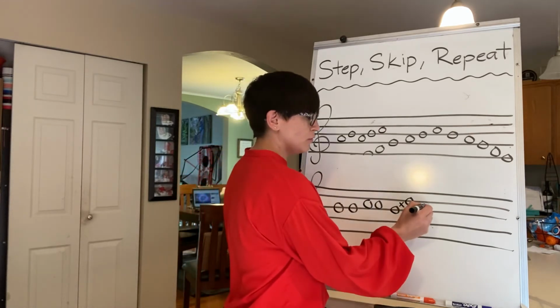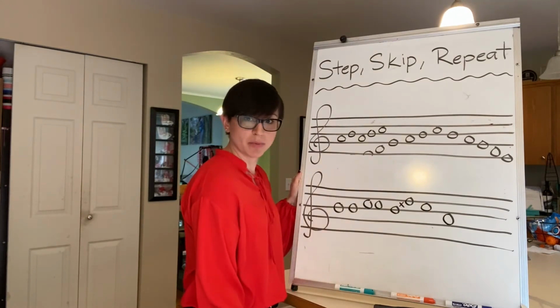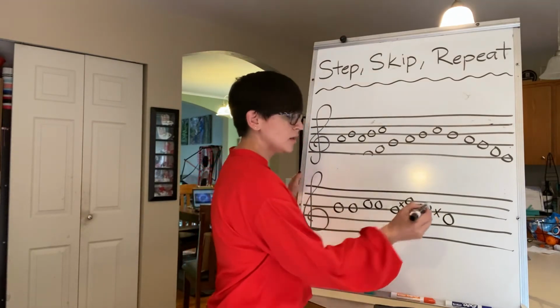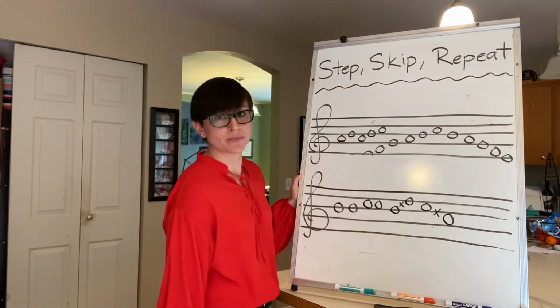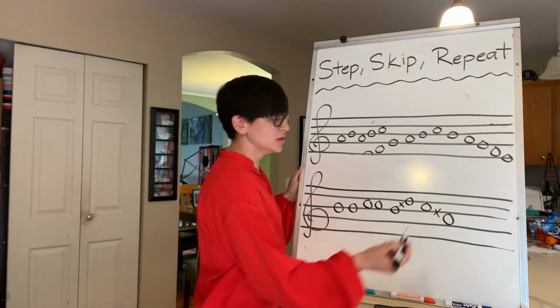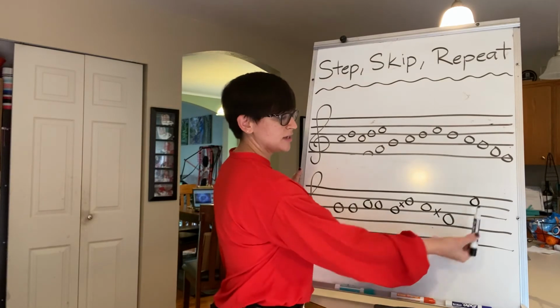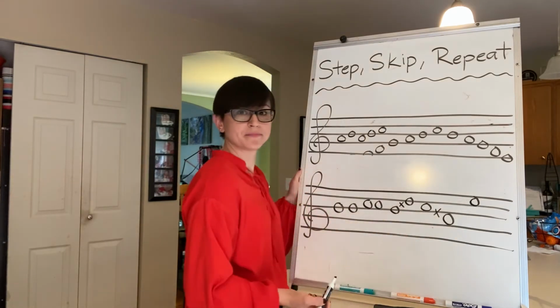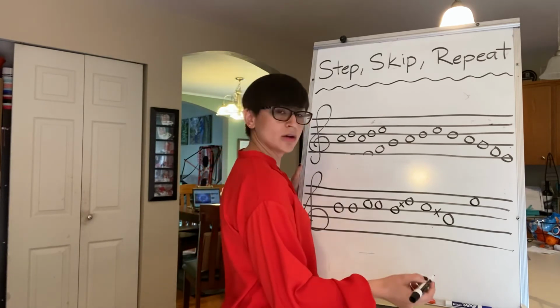You could also go from space to space because what did you skip? The line. Do skips have to be this small? No. A skip is a skip as long as it skips a note. So it could be from this space note up to that space note, from an A to an E. That's a skip, or also known as a leap. And it could also leap down like that.